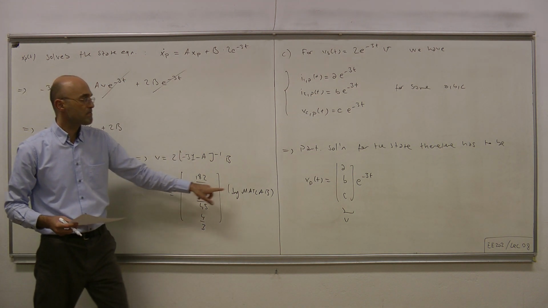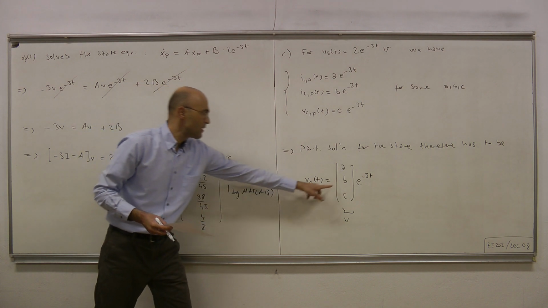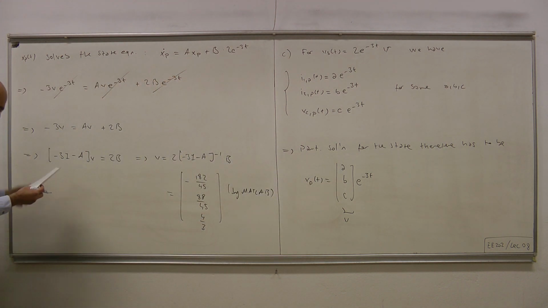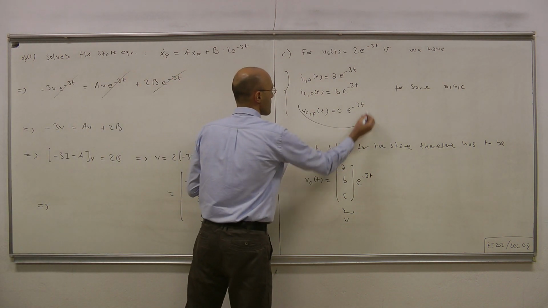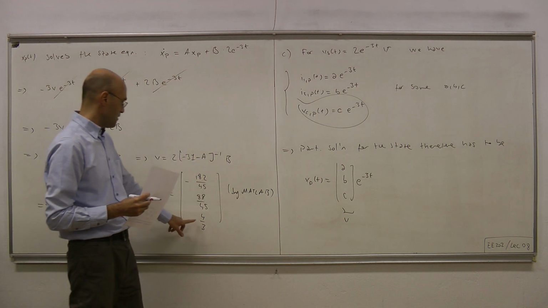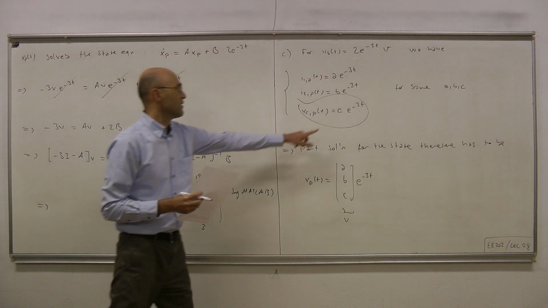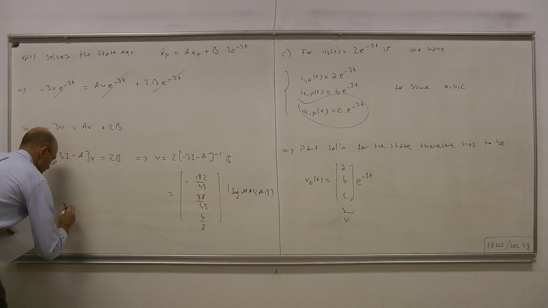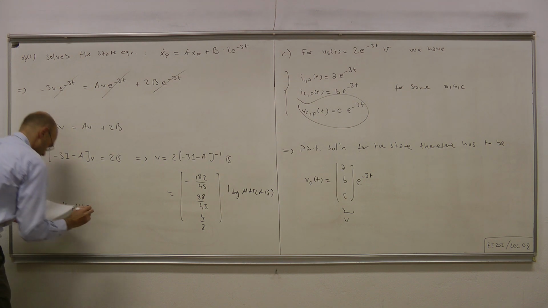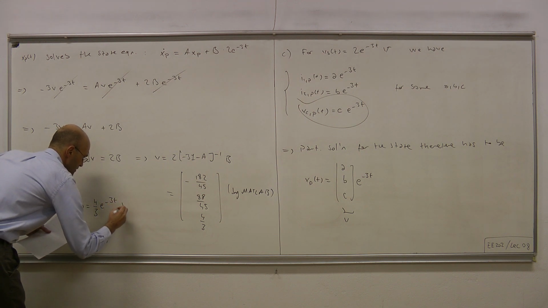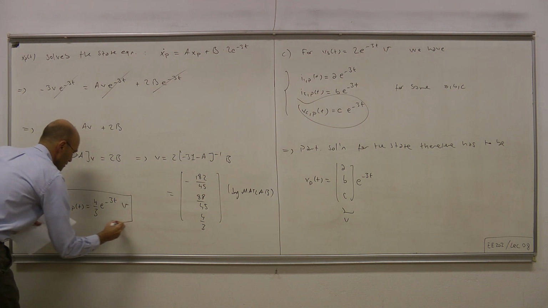So this is A, this is B, and this is C. And finally, we can write the particular solution for the capacitor voltage. The third entry is 4 over 3. Therefore, this coefficient is 4 over 3. Hence, we have v_C particular equals 4 over 3 e to the minus 3t volts.